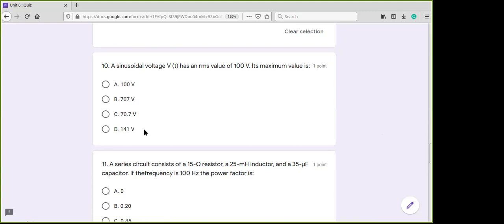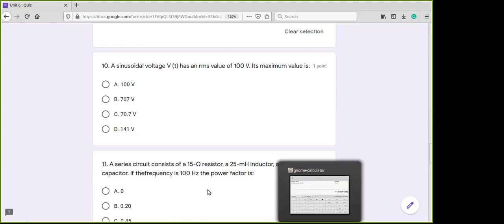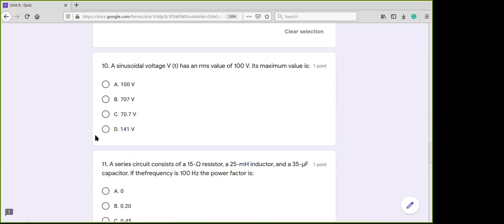So the root mean square voltage is the same as V peak over root 2, yes? Yes. So what is V peak? V peak is 100 times root 2. So what is root 2? 1.4. The answer is option D. Very good.